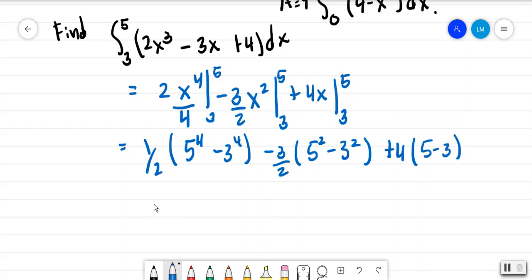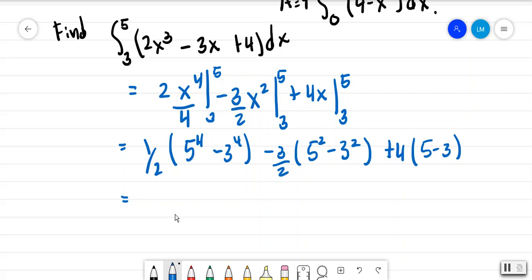Once you simplify this, you really have to do the 5 to the 4th minus 3 to the 4th.